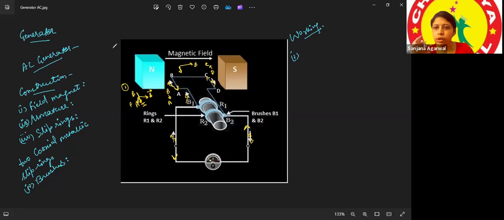As the coil rotates in anti-clockwise direction, the side AB of coil moves down, cutting the magnetic field lines, and side CD moves up, cutting the field lines near South Pole.